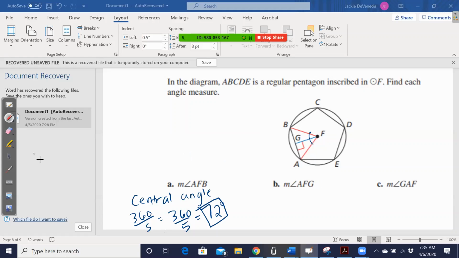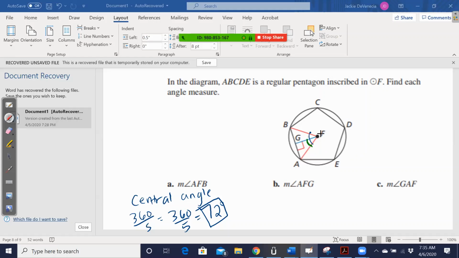Now they want us to find the measure of angle AFG. So where would AFG be? So let's start again. AFG. Okay, they're talking about this angle right over here, an angle formed by a radius and the apothem.